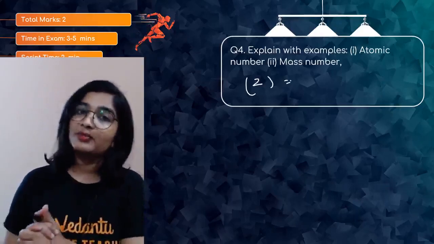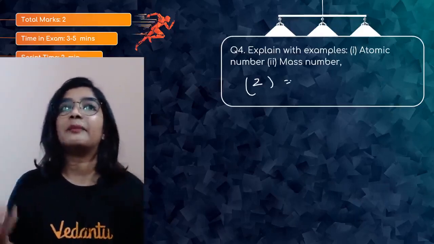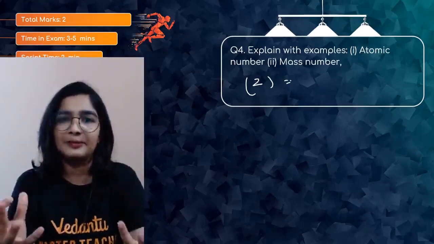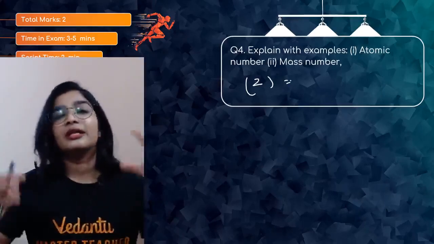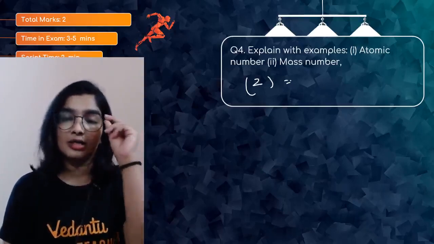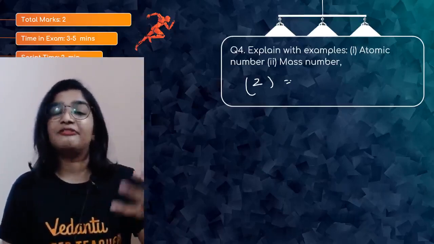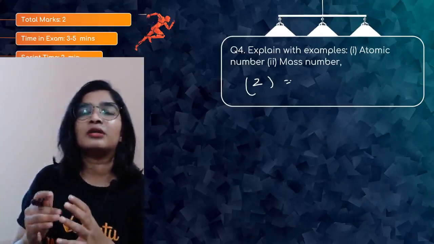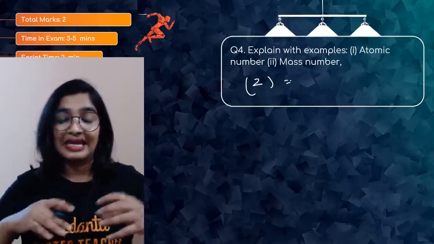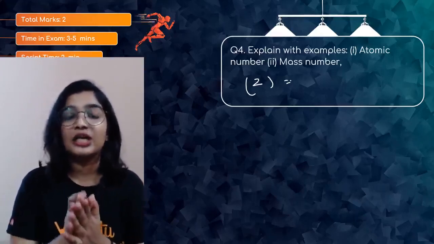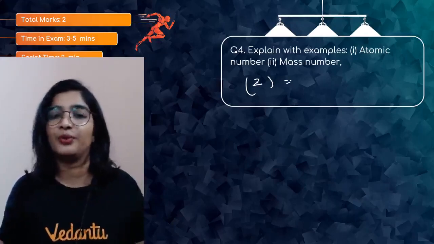I have already explained why we cannot take the number of electrons as the atomic number, because I agree that in an atom which is electrically neutral, the number of protons will be equal to the number of electrons, but still you cannot define atomic number using the number of electrons, because electron number is a variable. An atom can lose an electron, gain an electron, but removing a proton, no.